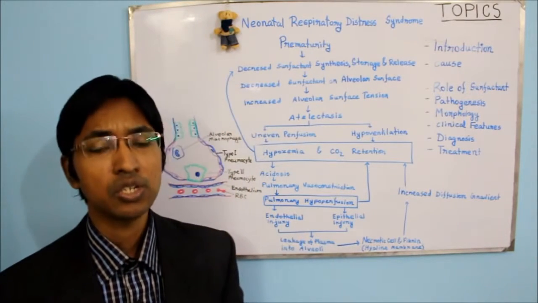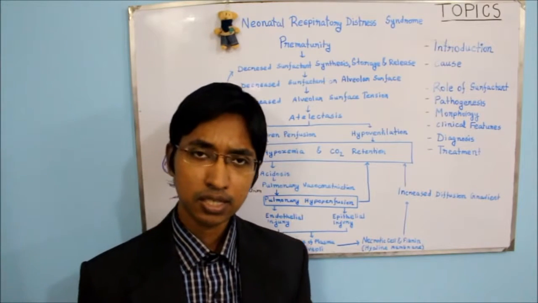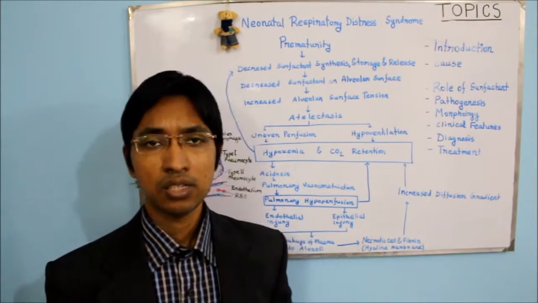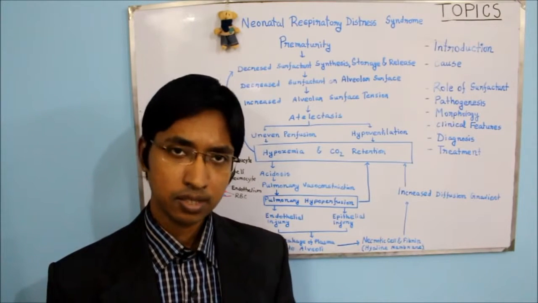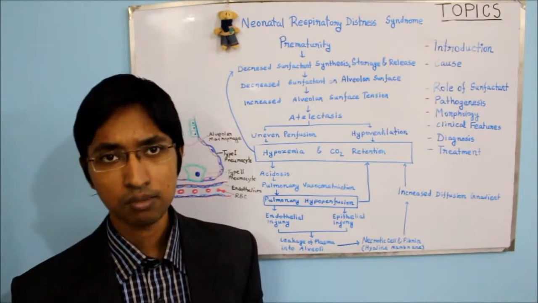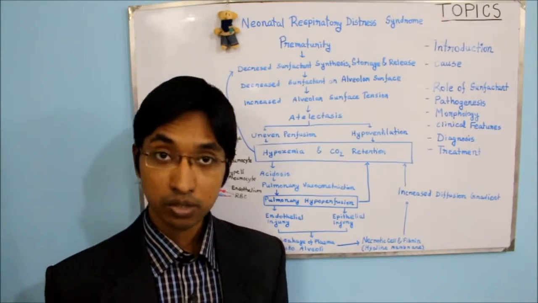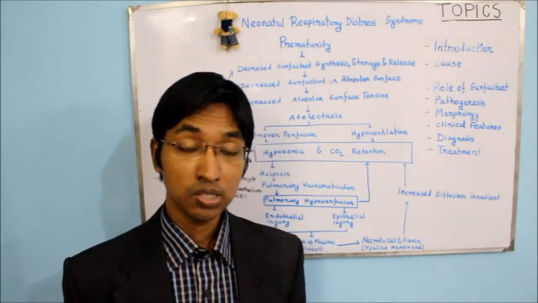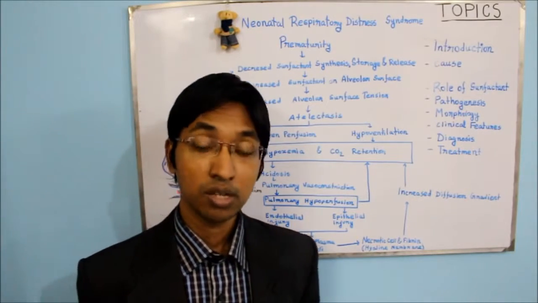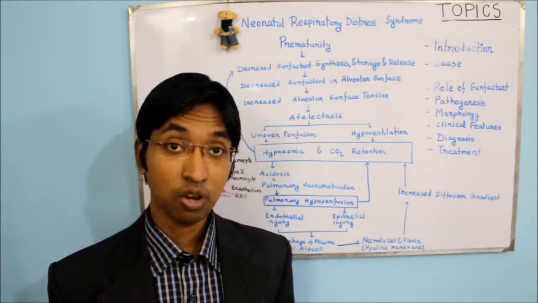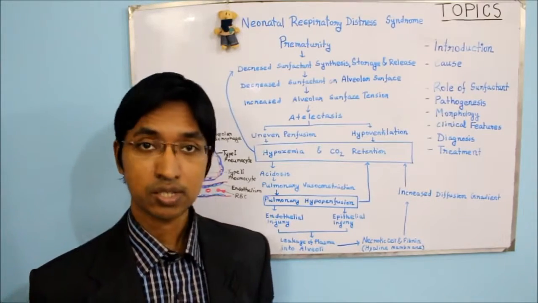Now, if the ratio is more than 2, that indicates that the lung is mature, and whenever the ratio is less than 2, that indicates that the lung is still immature. And one thing you have to remember, when the ratio is less than 1.5, there is high risk of development of respiratory distress syndrome.